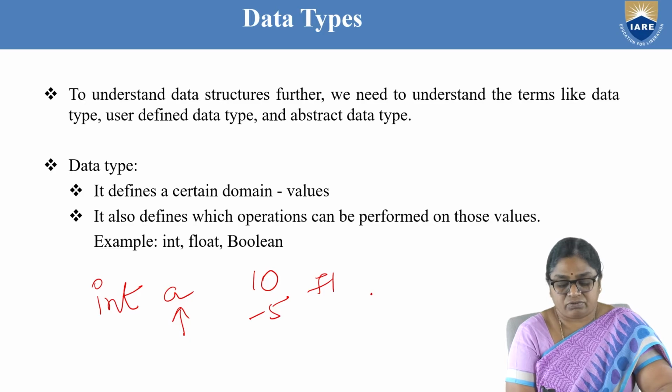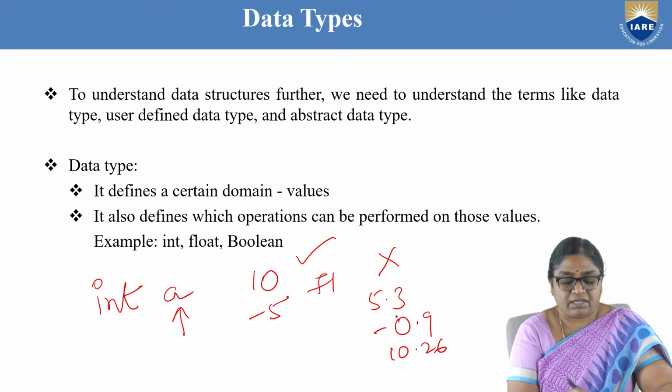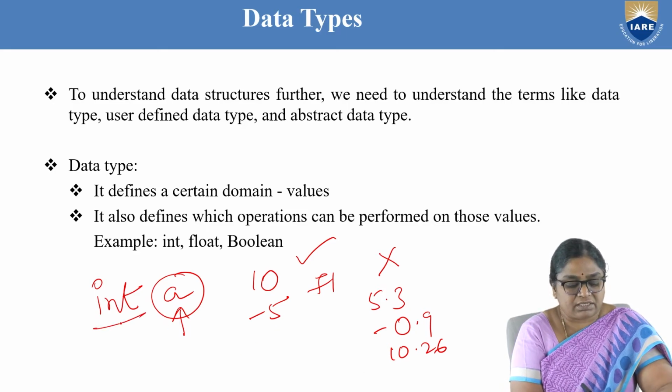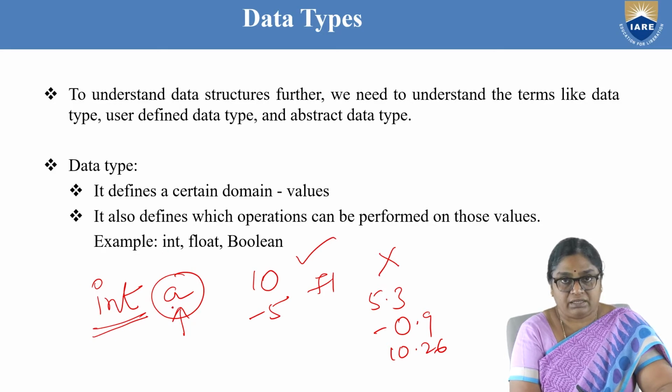But I cannot store 5.3, -0.9, 10.26, etc. in a, because here a does not support real numbers. It supports only integer values. This data type int specifies what kind of data we can store in a.